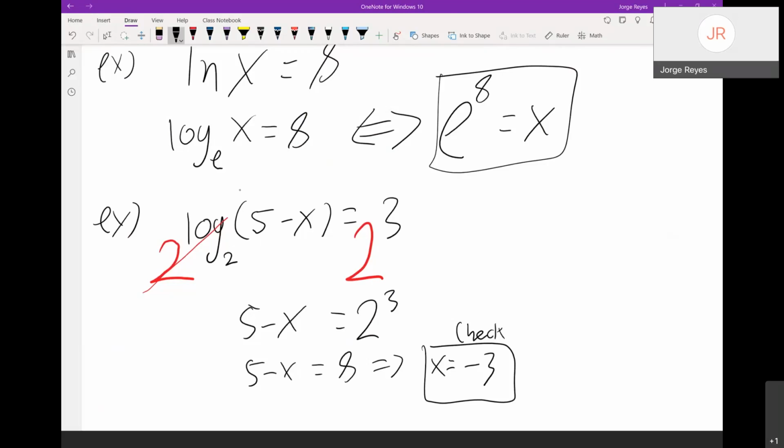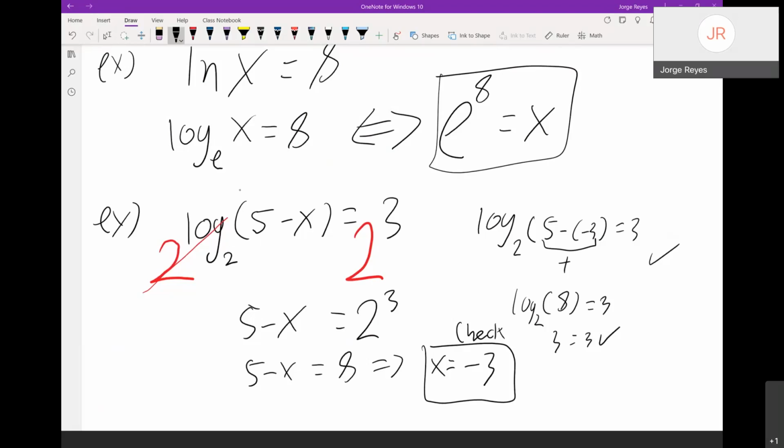Is x equals negative 3 okay? If you check, negative 3 gets you a positive number. All I care is that it's positive. In fact, it gets you 8, and then we know that this is 3. So it works. But honestly, you just need to check, is this positive? Is it in the domain?